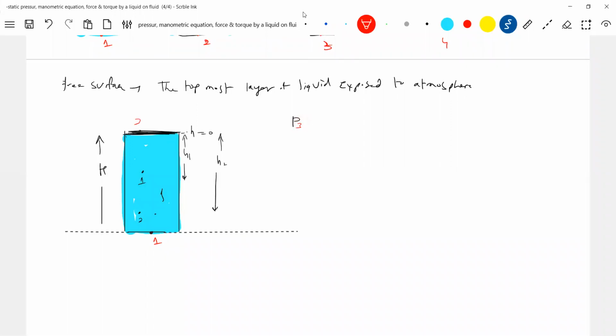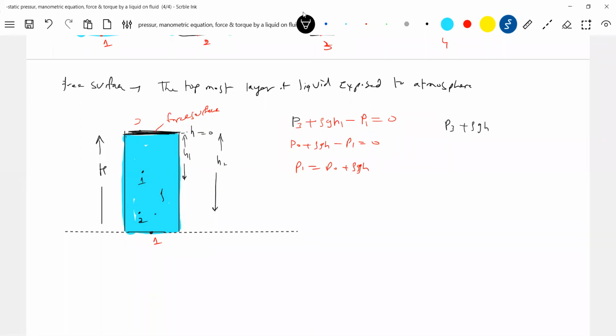So the pressure there is P3. Then if you move inside the liquid, vertically down, the gauge pressure should be positive, plus rho G H1, and where you end up, that you should write negative, equal to 0. What is the pressure at point 3? Free surface. Now between 3 and 2, I'll write it, then proceed in a similar way.